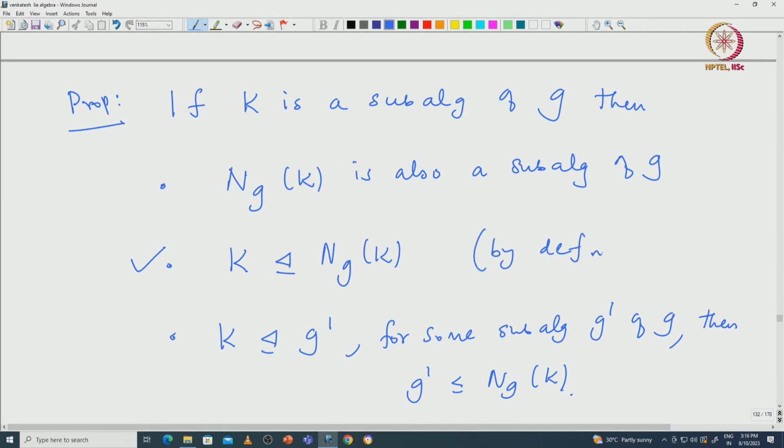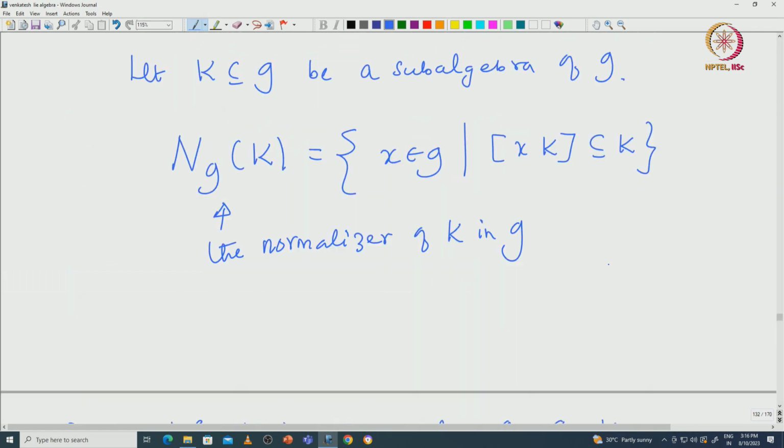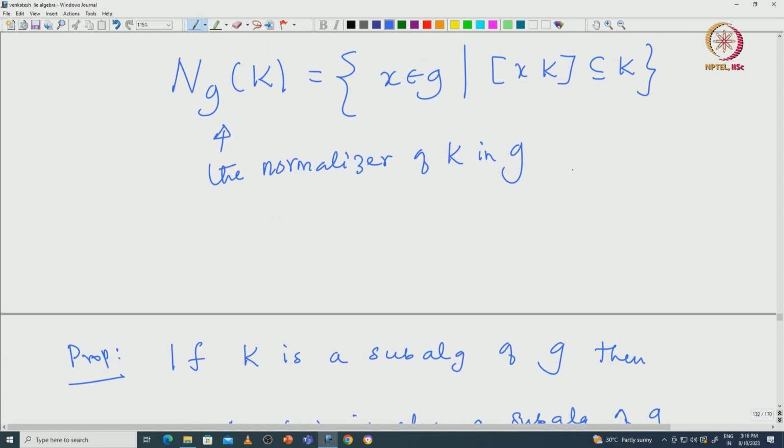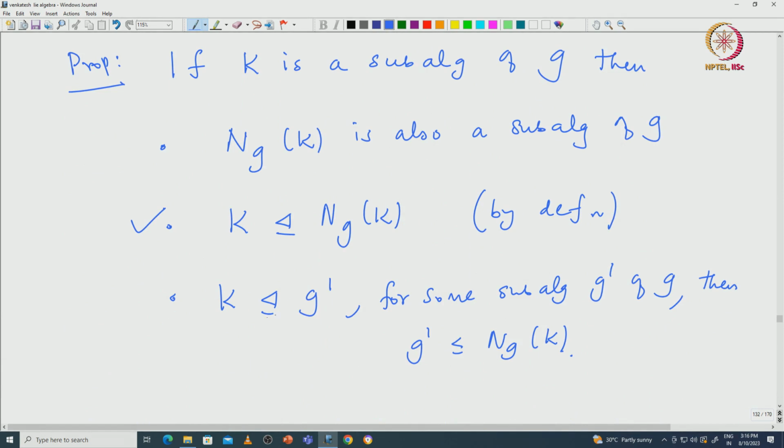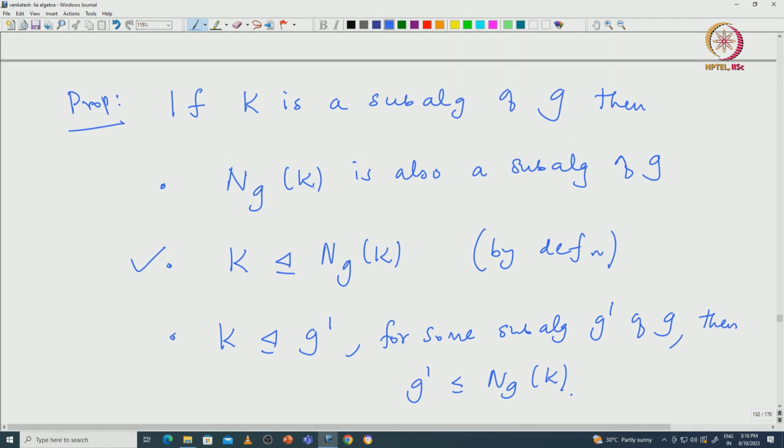The way we define the normalizer, if you take any x from N_G of K, then the bracket [x, K] will be a subset of K. So, that means K will be an ideal inside N_G of K. And similarly, if K is an ideal inside G' for some subalgebra G', then all elements of G' normalize K. So, that means G' will be a subalgebra of N_G of K. Okay. So, the only non-trivial part is to prove N_G of K is again a subalgebra.